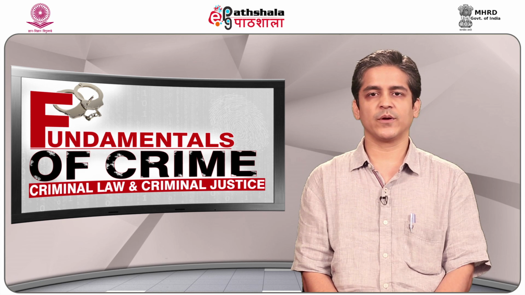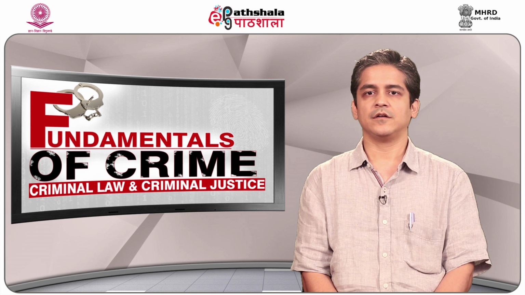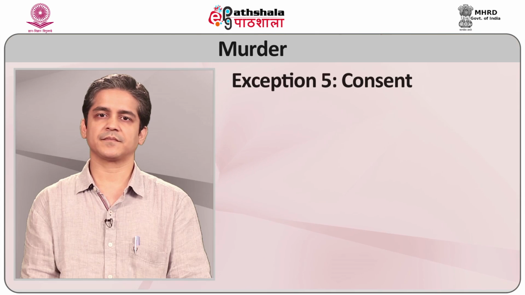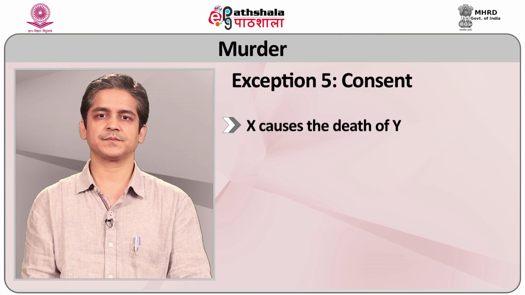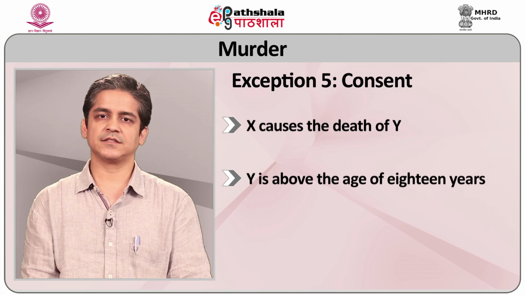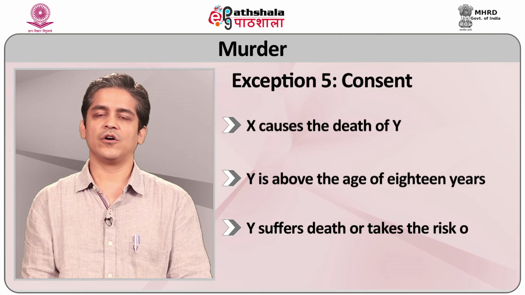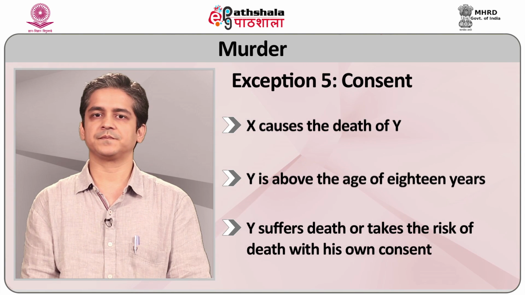Now, let us look at exception 5 of section 300. The following are the ingredients of exception 5 of section 300. X causes the death of Y. Y is above the age of 18 years. Y suffers death or takes the risk of death with his own consent.